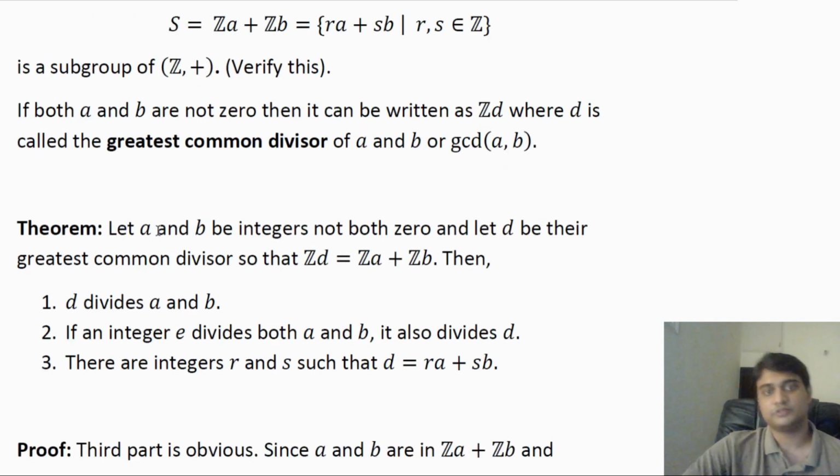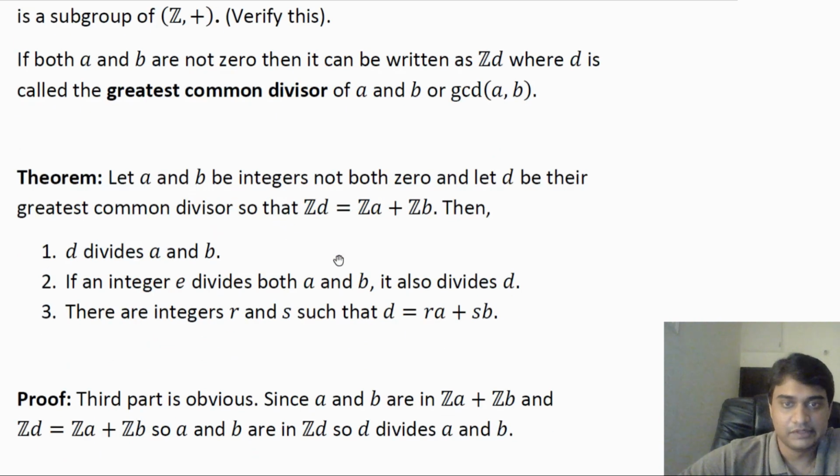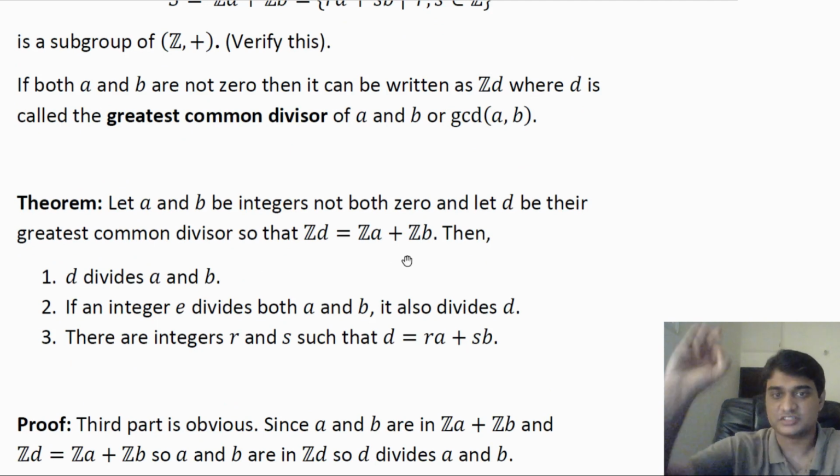And the reason for calling this the greatest common divisor will be evident from the next theorem, right? So we have a theorem here. Let A and B be integers, not both zero, and D be the greatest common divisor. So the greatest common divisor is the smallest element of the set ZA plus ZB.